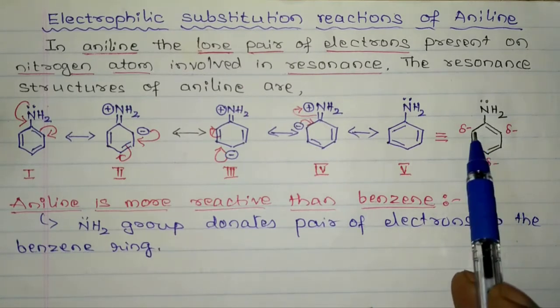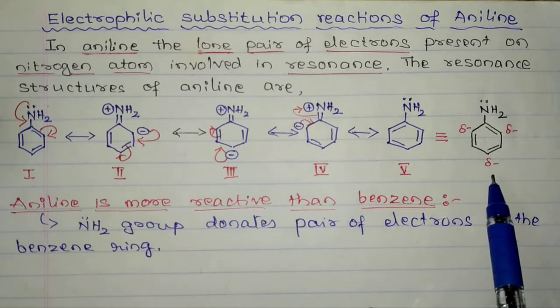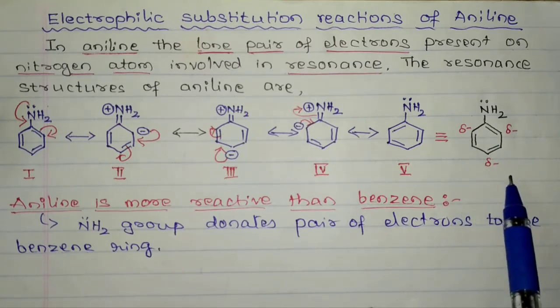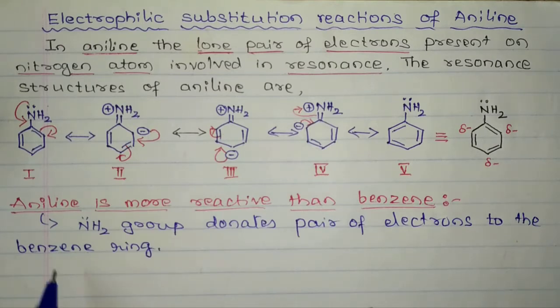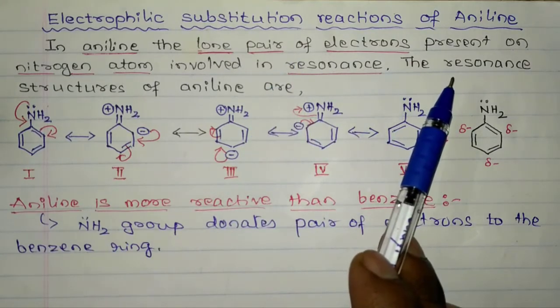Hence, electron density increases in the ortho as well as para positions. This attracts the electrophile more strongly towards this benzene ring. Hence, aniline is more reactive. Aniline is more reactive than benzene towards electrophilic substitution reactions.